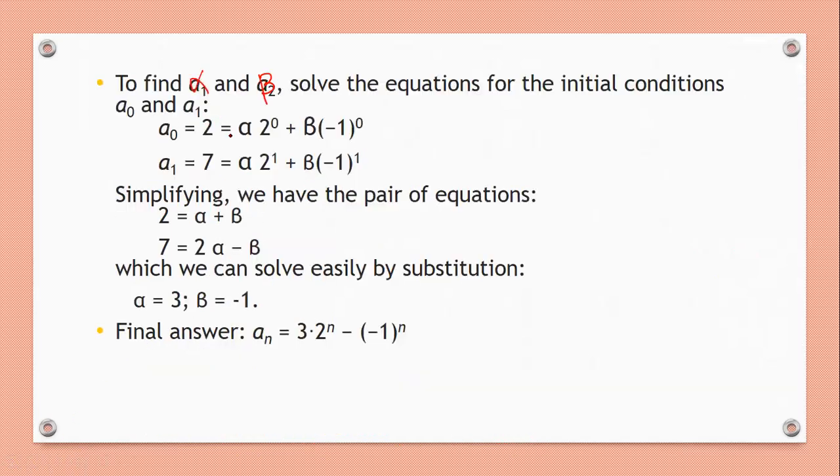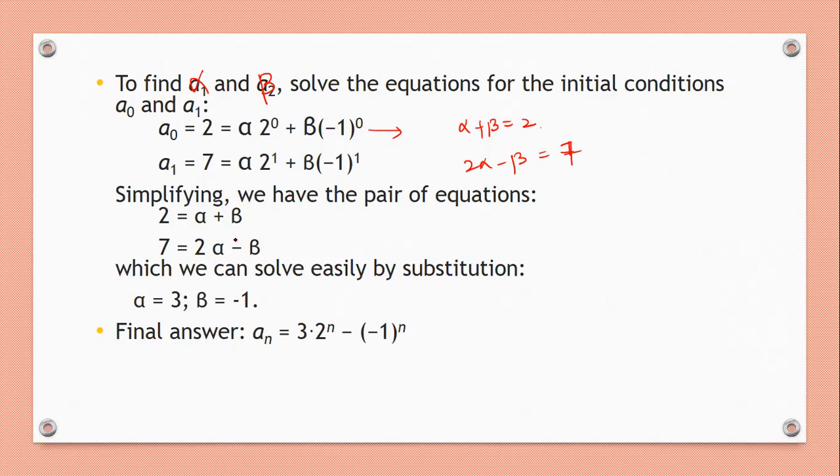Substituting n is equal to 0, we get alpha plus beta is equal to 2. When we substitute n is equal to 1, we get 2 alpha minus beta is equal to 7. Here I have taken 2 as r2 and minus 1 as r1. You can take any of it, it is okay.